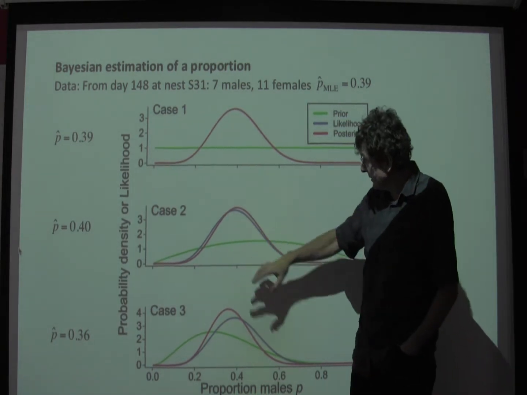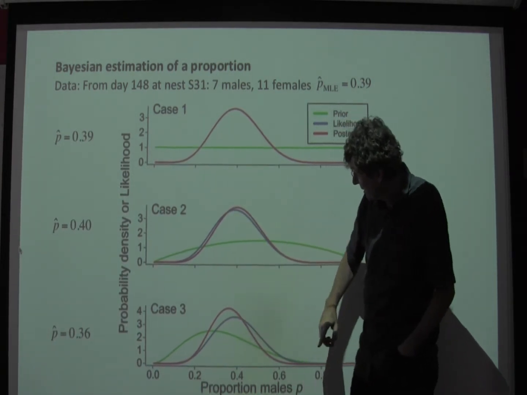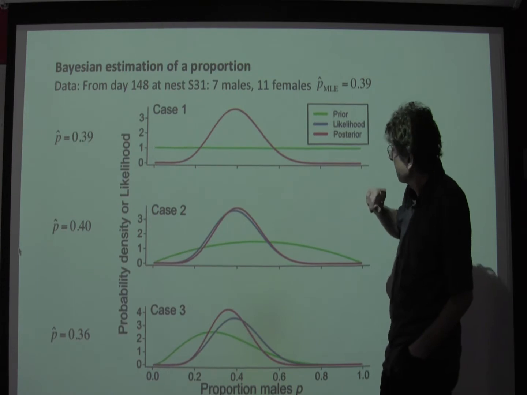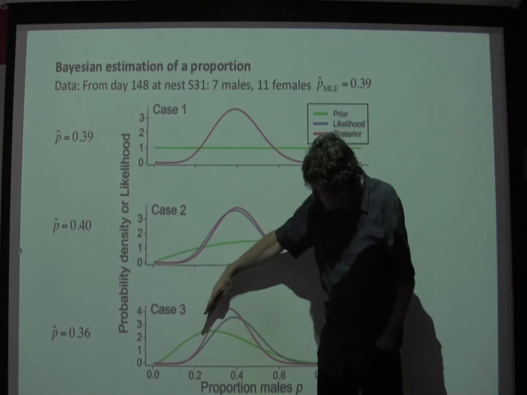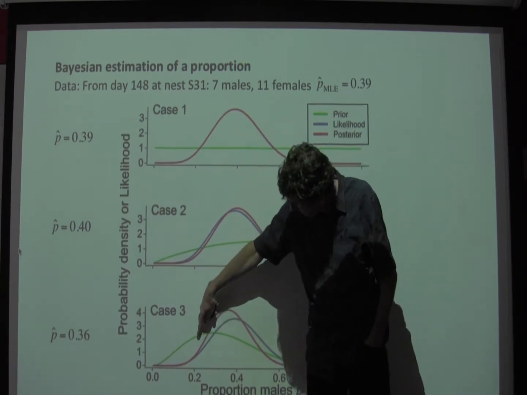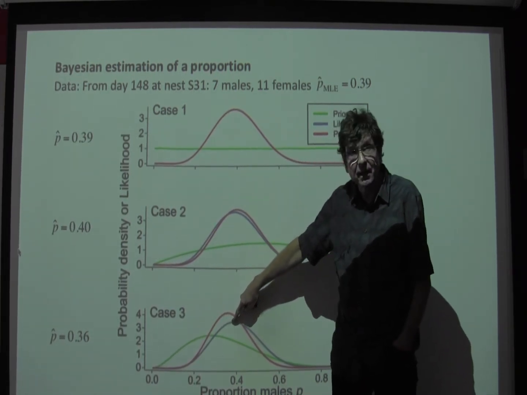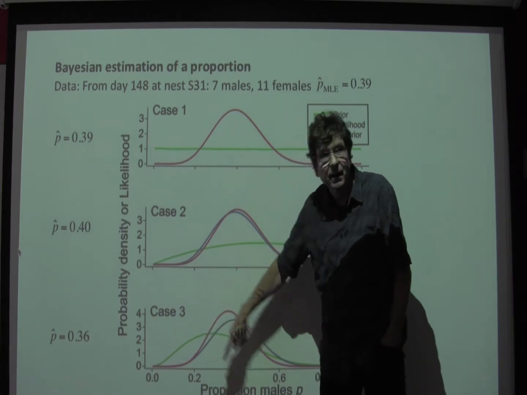Like the posterior probability distribution looks a lot like the likelihood. Whereas in these other cases, you can kind of see how the posterior distribution, the red one, is a function of not just the data, the likelihood, but also the prior.